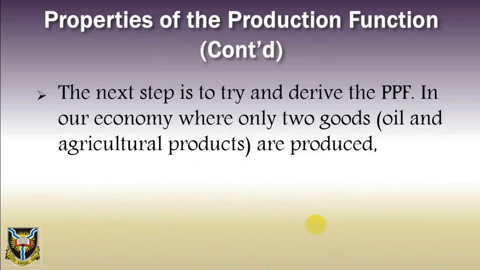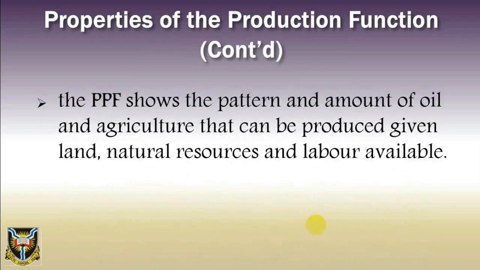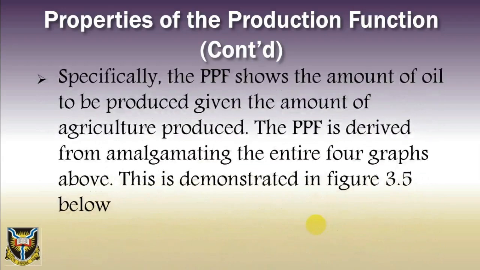In our economy, where two goods, oil and agricultural products, are produced, the production possibility frontier shows the pattern and amount of oil and agriculture that can be produced given land, natural resources, and labor available. Specifically, the production possibility function shows the amount of oil to be produced given the amount of agriculture produced.